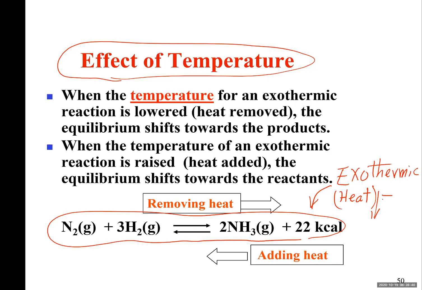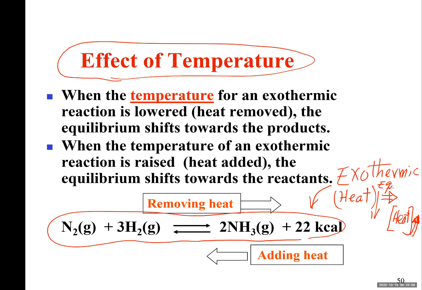If it is losing heat, what is equilibrium going to do? Opposite of what we did. We remove heat, so the equilibrium is going to shift in a direction to counteract the change. That means do something to make more heat.